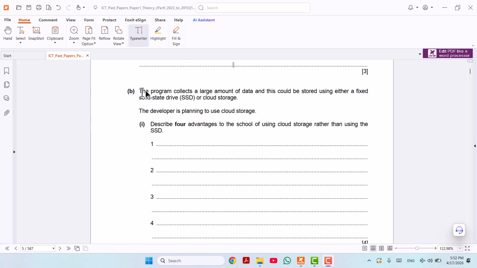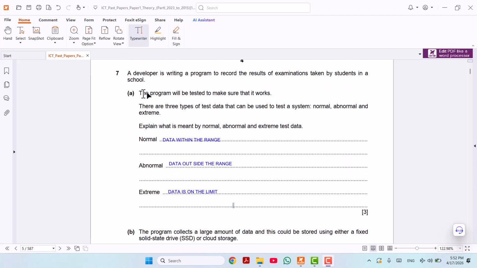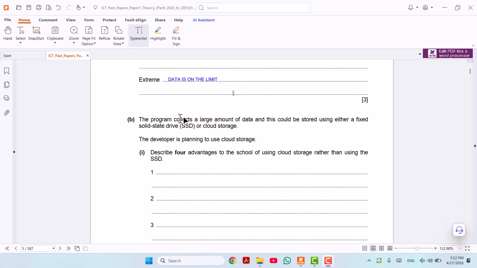Next, question letter B of question number 7. The program collects a large amount of data and this could be stored using an external solid state drive, SSD, or cloud storage.